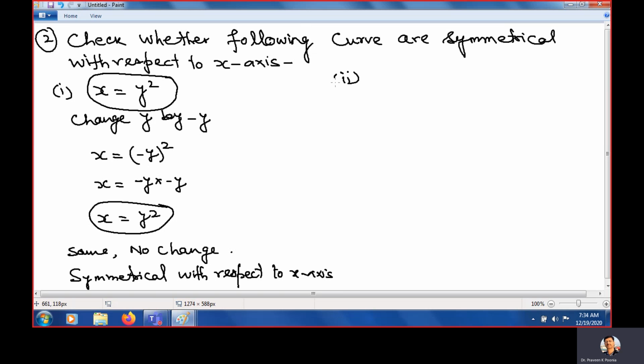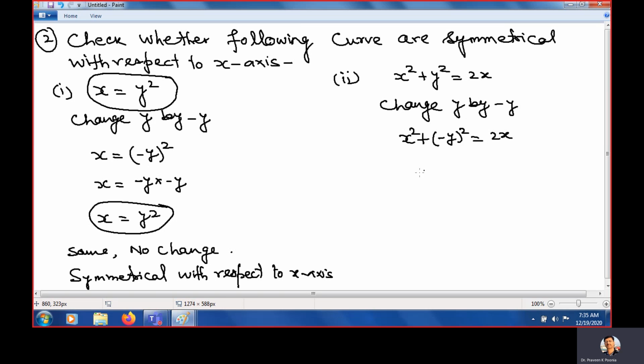If we take another curve like x^2 + y^2 = 2x, then same thing, change y by minus y. So it will be x^2 + (-y)^2 = 2x. So x^2, and what will it be, (-y)^2?